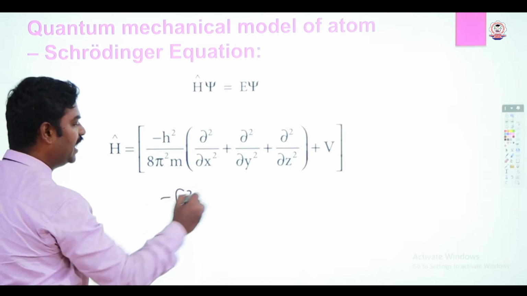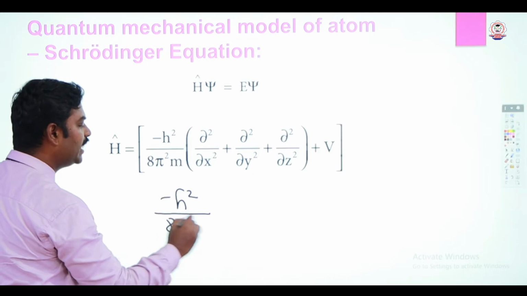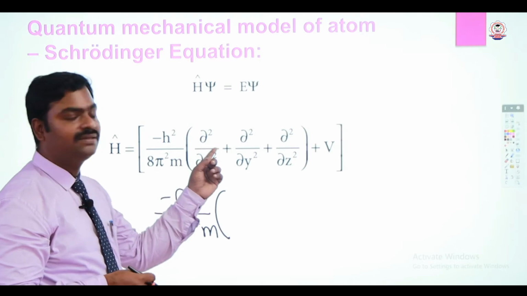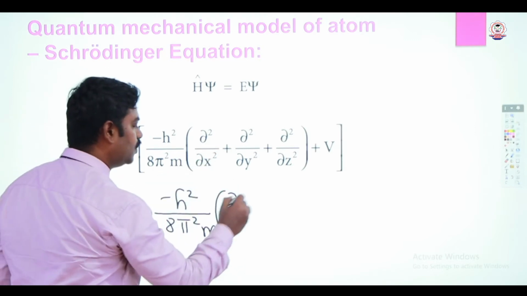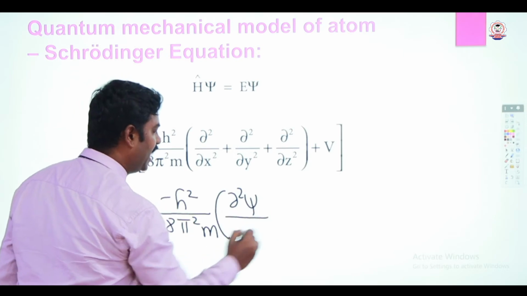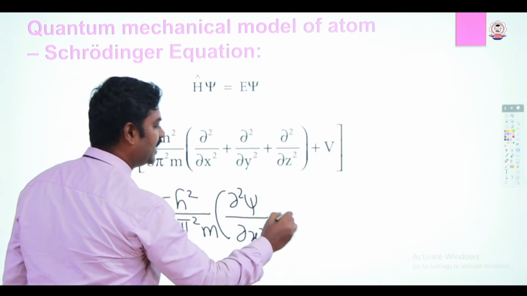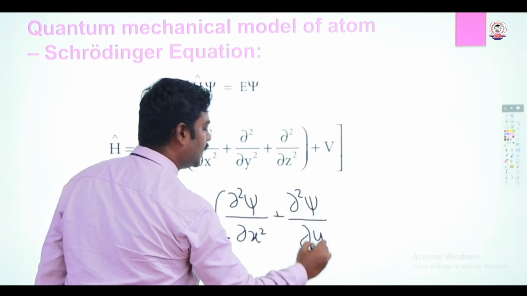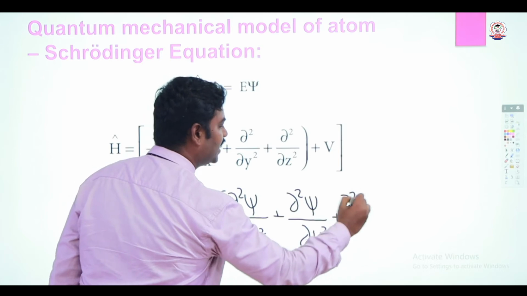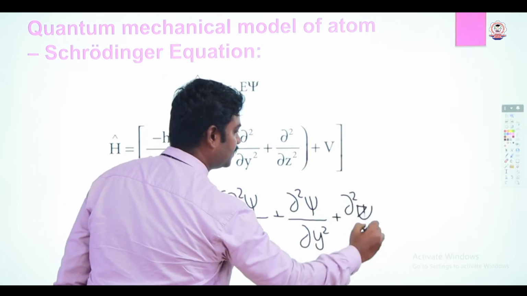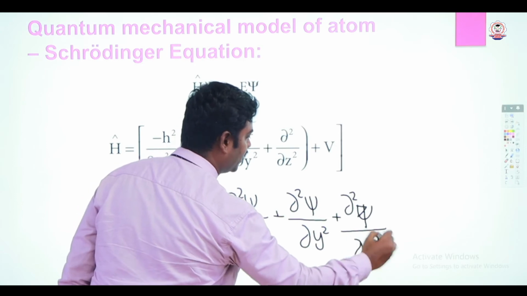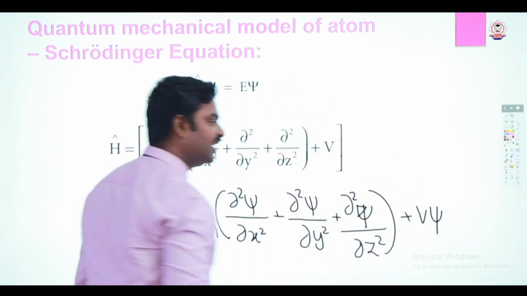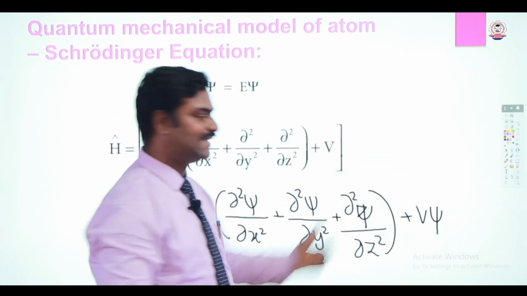Minus h square divided by 8 pi square m, and the psi is multiplied within the bracket: dou square psi divided by dou x square plus dou square psi divided by dou y square plus dou square psi divided by dou z square, plus V psi. This is equal to E psi.